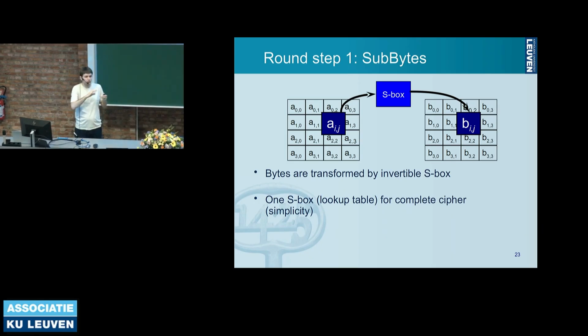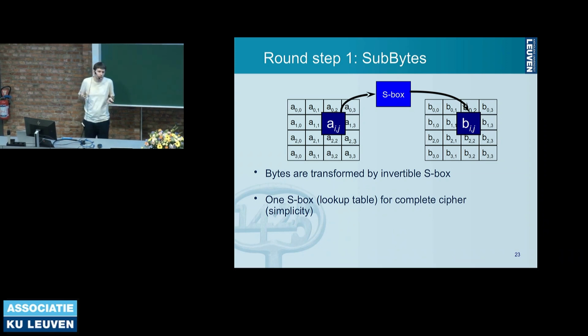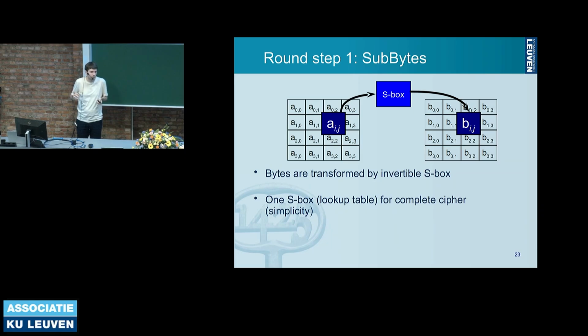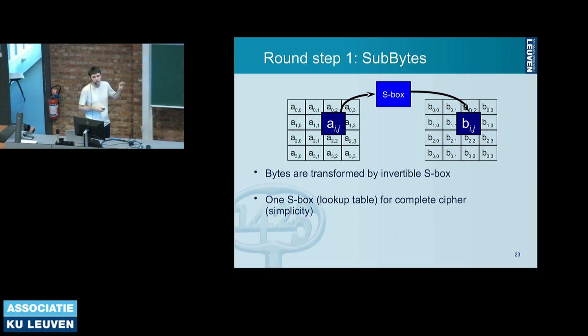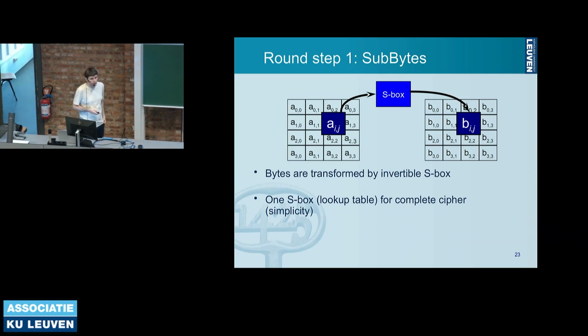So you have all these different tables, which makes it very complicated. Whether it actually makes it more secure is not so clear at all. In AES, there is only one substitution. It's always the same substitution, which makes it a lot simpler to understand and also to analyze.